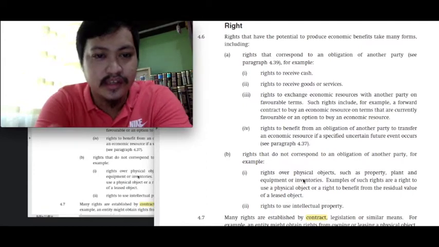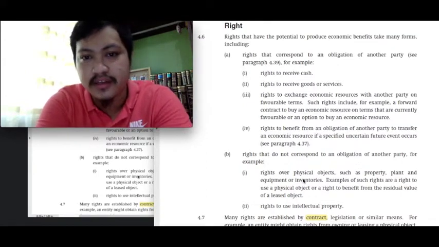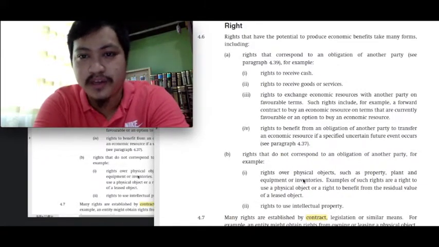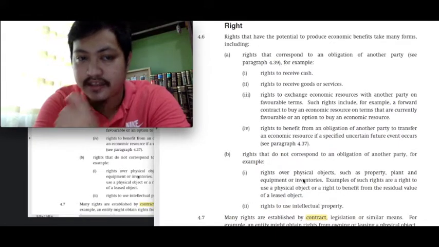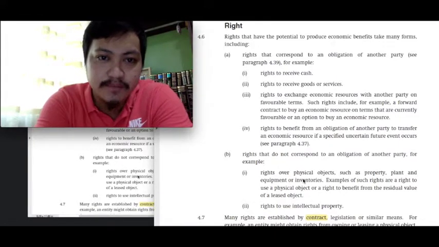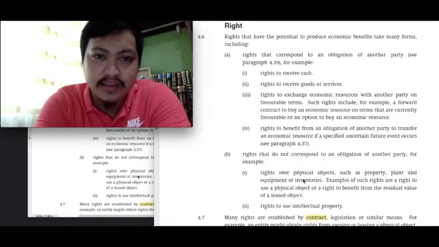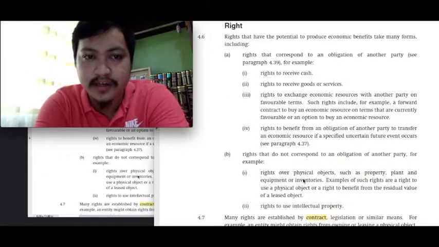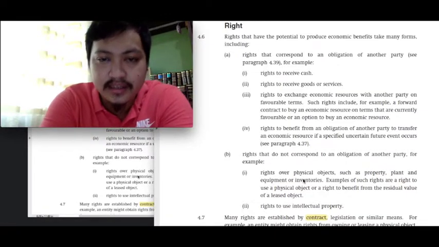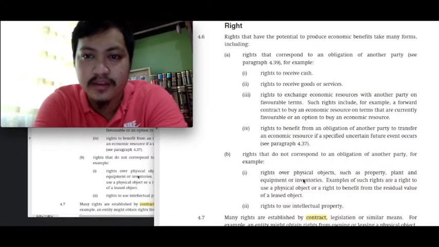I hope you understand that advances from suppliers and advances to suppliers are different. Because if we're the one giving advance payment to our suppliers, it would be recognized as an asset, specifically as advances to suppliers. If our suppliers made advance deliveries, then that would be considered a liability, specifically advances from suppliers.